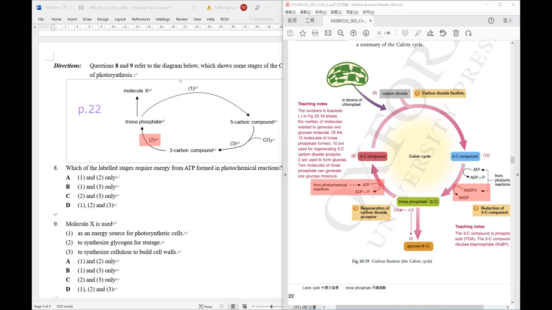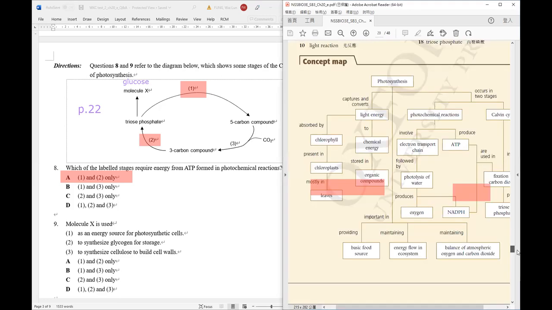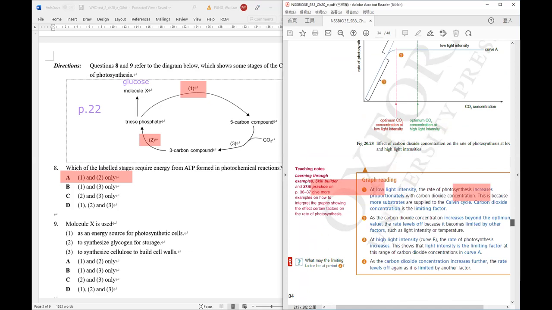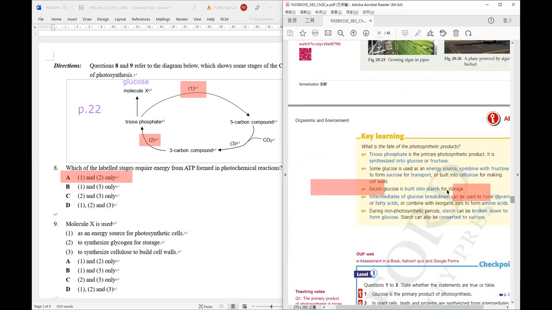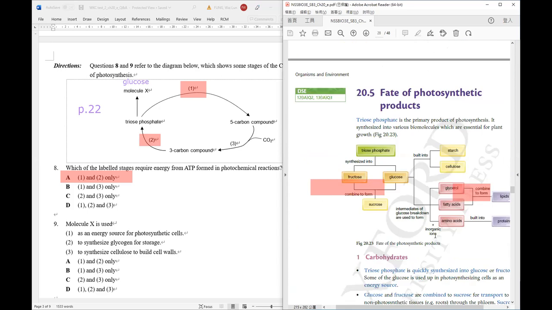From triose phosphate to 5-carbon compound, we need ATP. So the answer is A. What is molecule X? Molecule X is glucose, of course. How do we use glucose in this case? For glucose, it's used in this way according to page 28.